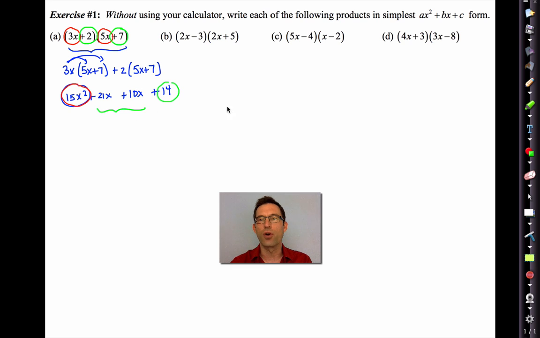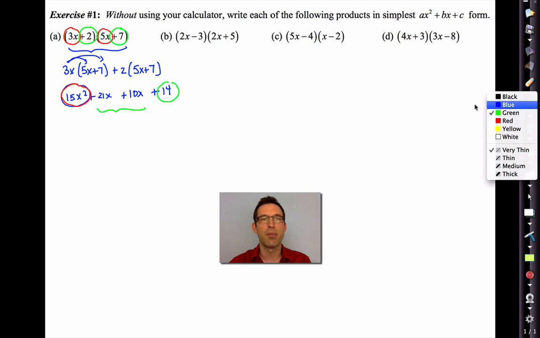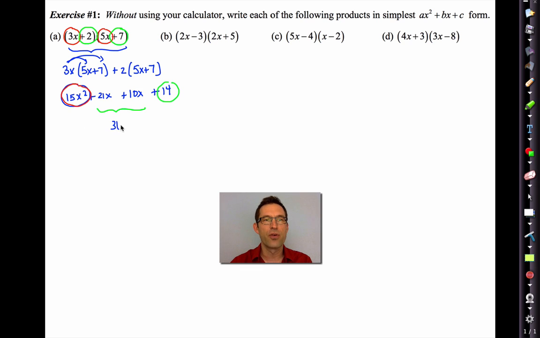These other two terms, which eventually just get combined into a 31x, come from the fact that I've multiplied 2 by 5x to give me 10x, and 3x by 7 to get me 21x, right? Now our final answer of 15x squared plus 31x plus 14 isn't all that remarkable and isn't all that important.